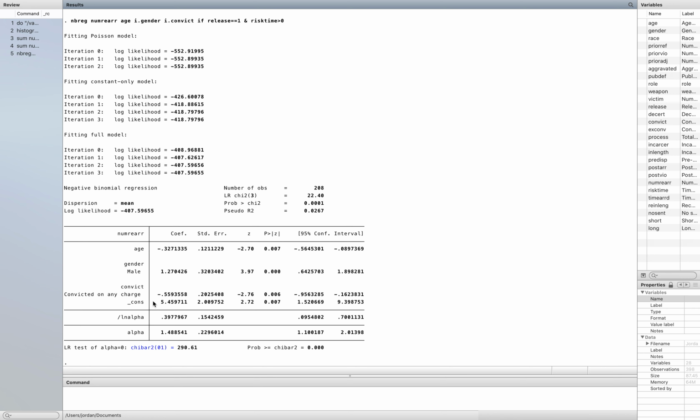So what this is saying is that for those convicted on any charge in the data, the expected log count of rearrests is 0.559 units lower than the expected log count of rearrests for those who were not convicted. In other words, those who were convicted were less likely to be rearrested than those who were not convicted.